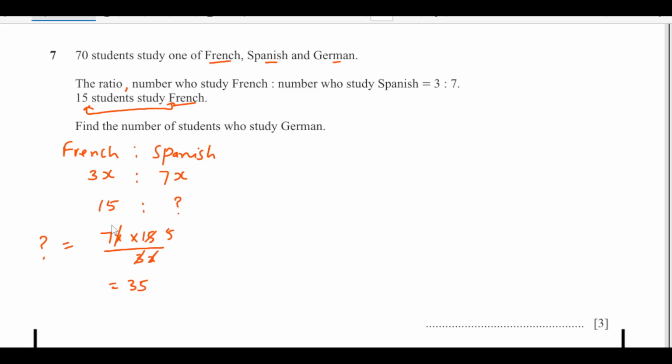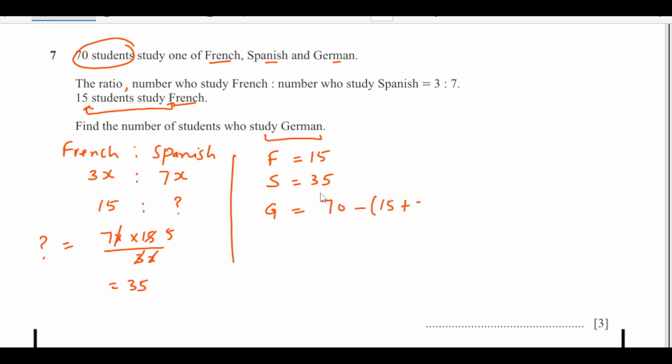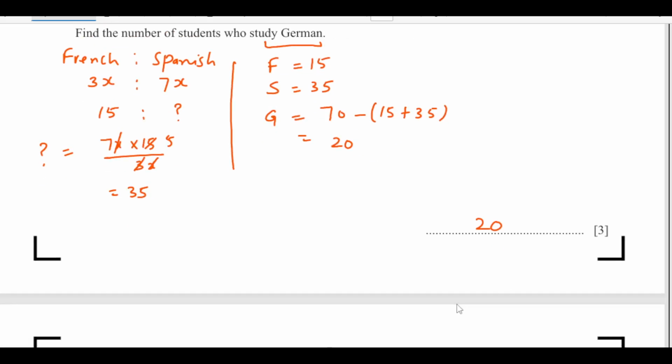So now this total number is 35, and the question is find the number of students who study German. So we have here those who study French is 15, those who study Spanish we have taken as 35, and we will find who study German. So German is, the total is 70 students, so it is going to be 70 minus 15 plus 35, so this is 20. So those who study German is 20.